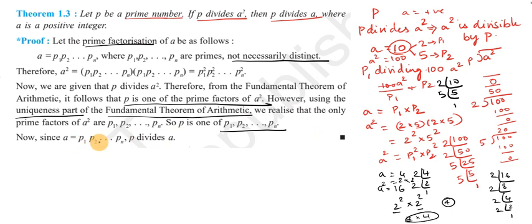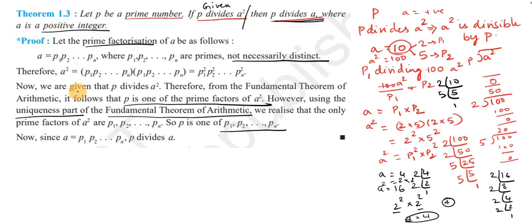Since A is equal to P1, P2 till Pn, P divides A. So first, what is given? The given data is that P divides A square. If P divides A square, then P will also divide A, provided that A is a positive integer.